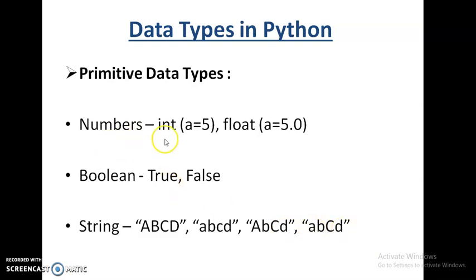So this was all about primitive data types. Again, we cannot assign more than one string to a given variable in our primitive data type.